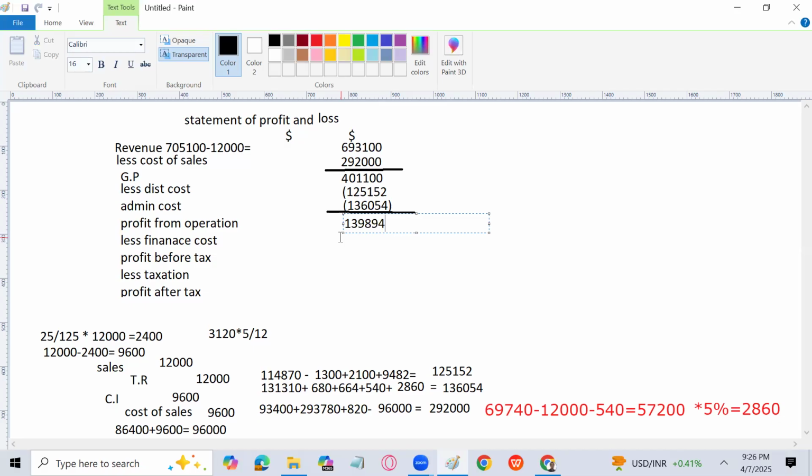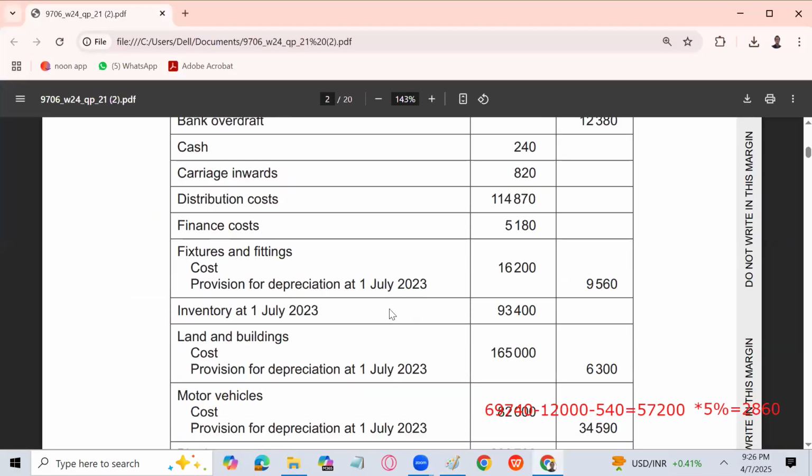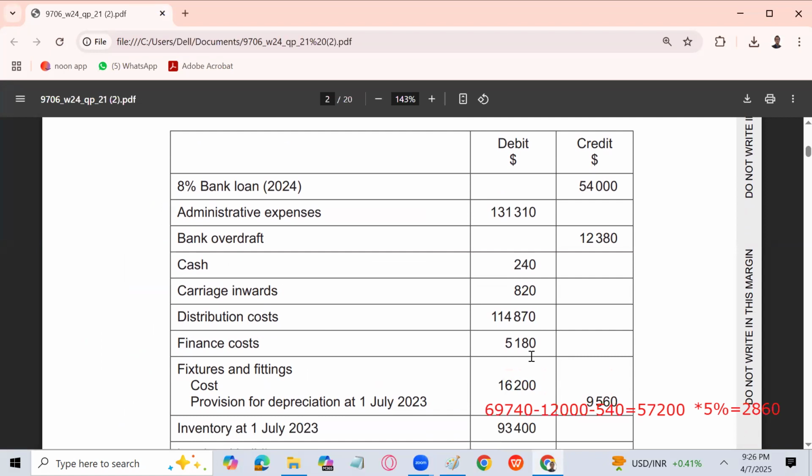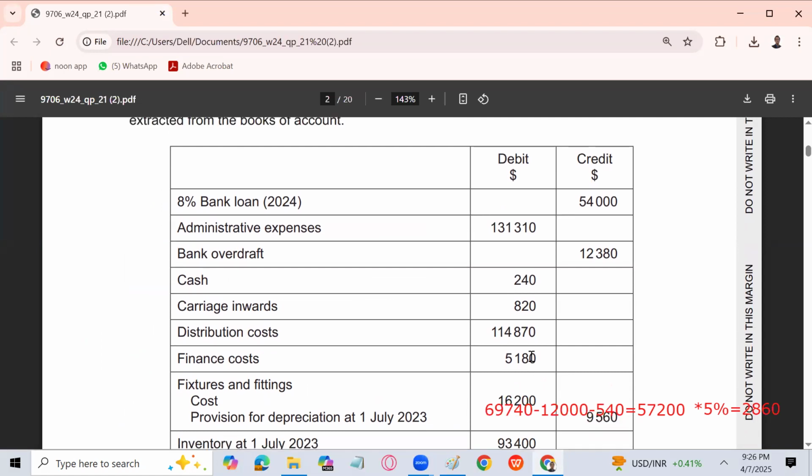Now I have to subtract finance cost from this. So let's see whether the finance cost is given in the question or not. 8% bank loan 54,000 is given, and finance cost is given over here, 5180. So if you just calculate the finance cost, 54,000 into 8 divided by 100, that is 4320, right? There the finance cost given is 5180.